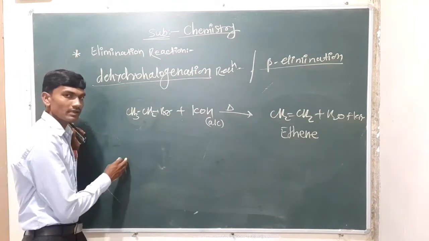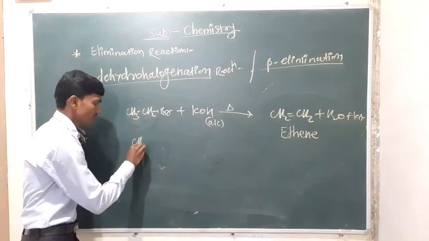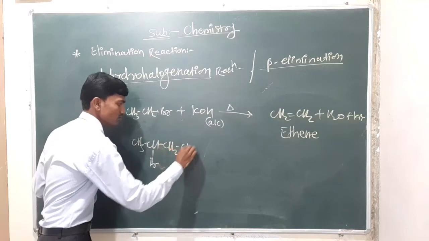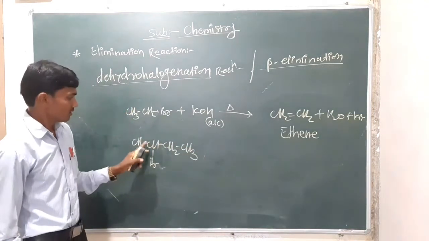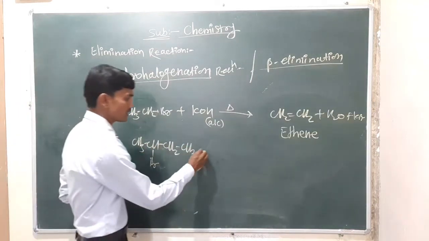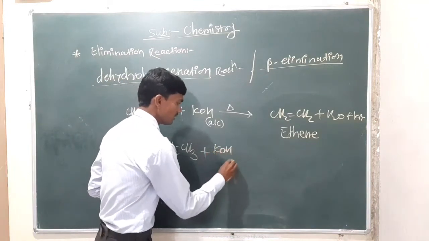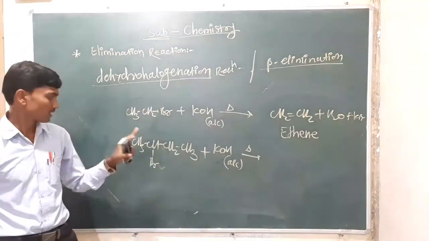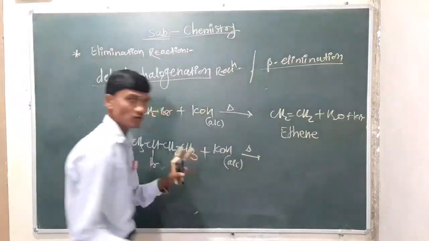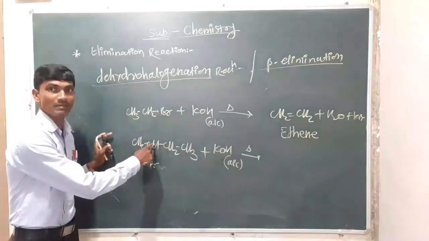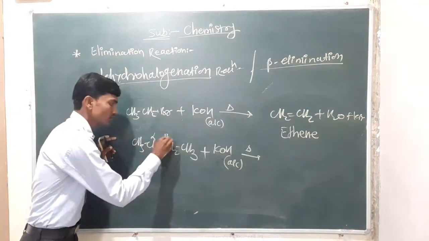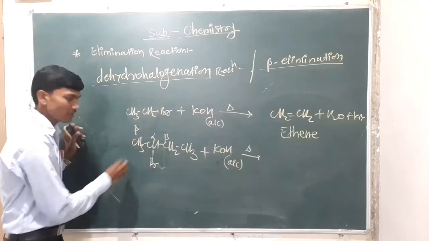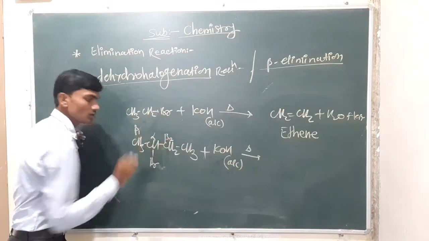Suppose the alkyl halide is secondary. This type of compound, secondary alkyl halides, reacts with potassium hydroxide in alcoholic medium to form two compounds, because two beta carbons are there. Number them beta 1, beta 2.